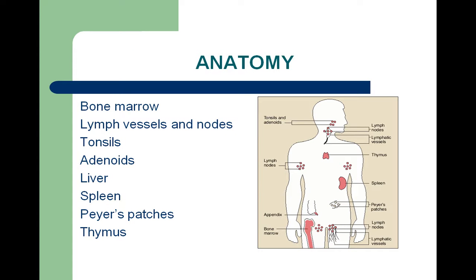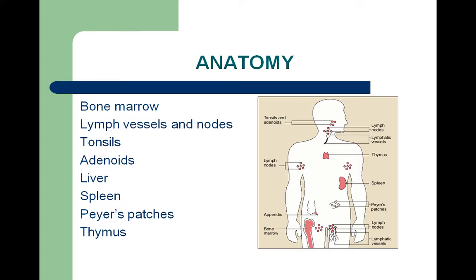This is a picture of the lymph organs, and you can see the tonsils and adenoids. These are mostly located at those entry levels to the body, so that where bacteria could enter the body through the mouth, we have the tonsils and adenoids and other lymph nodes which will filter that air or that food.